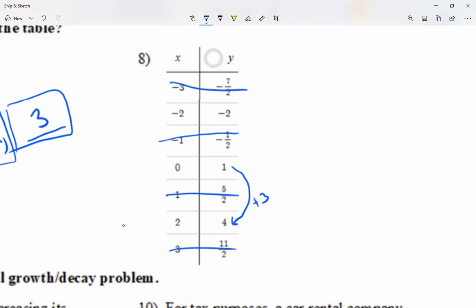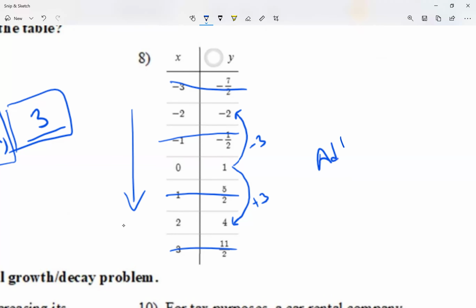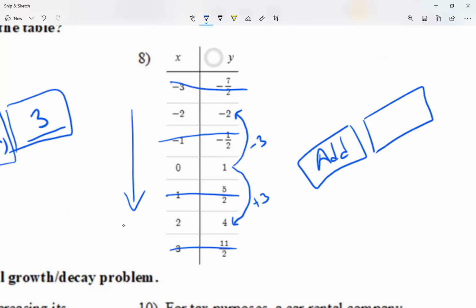Good. Well, how about the other way? Do I subtract 3? Does it work? Yeah, it does work. So remember what I'm asking is what happened when you were going down? So I'm going to choose add. I was adding, and then my other answer, I'm going to write here, I was adding 3.